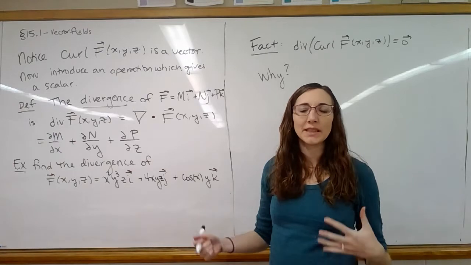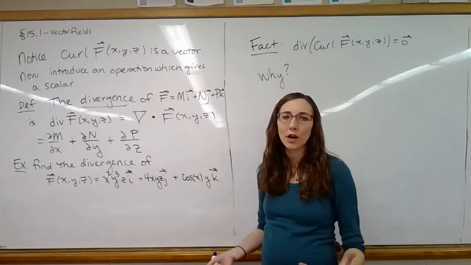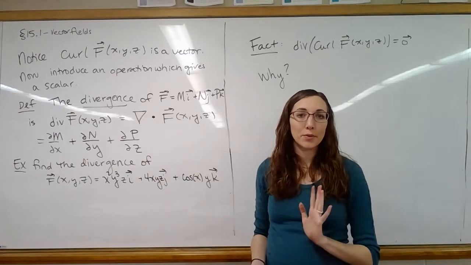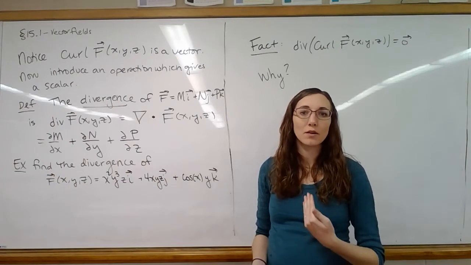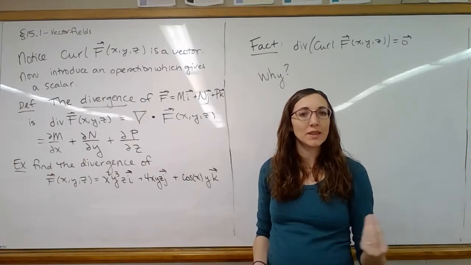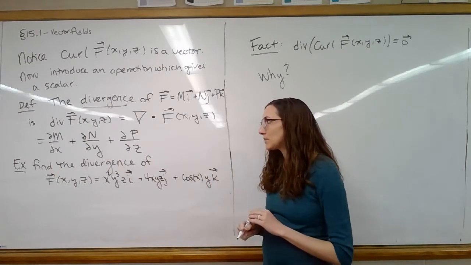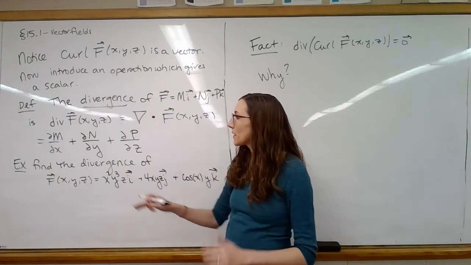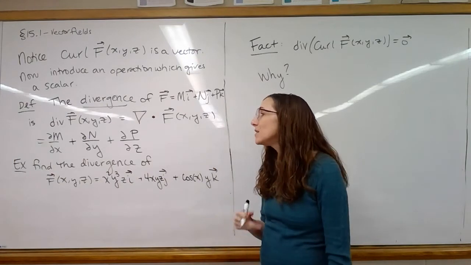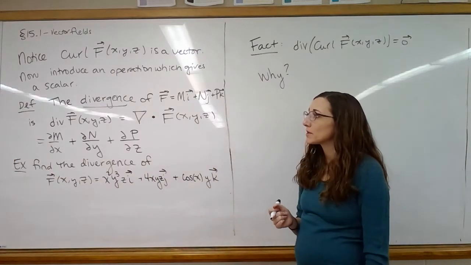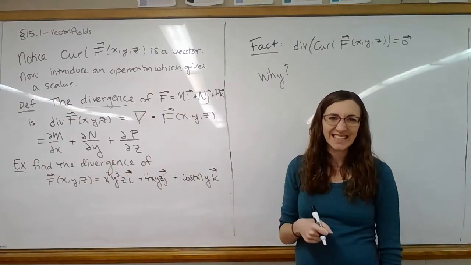Instead, we're using this structure and using operations. We're operating those partial derivatives with the appropriate components of f and adding them together. So the partial of m with respect to x plus the partial of n with respect to y plus the partial of p with respect to z.